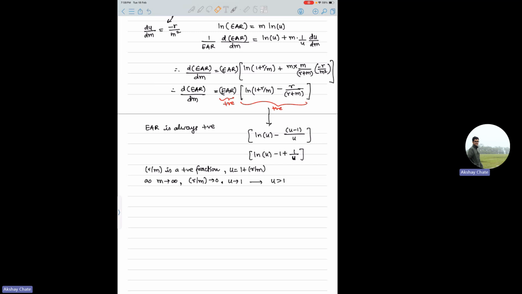So we need to plot this and we'll see. Let me just check. There are online plotters, all right? So if I plot this function for values of U greater than 1, what do I get? Y equal to ln of x plus 1 divided by x minus 1.